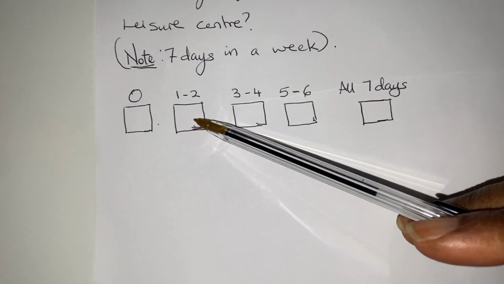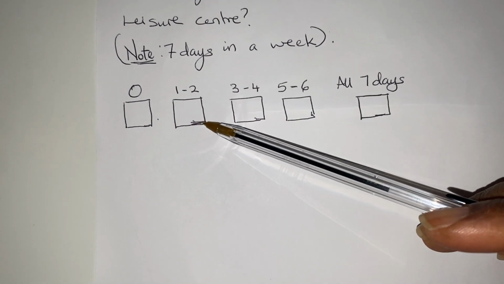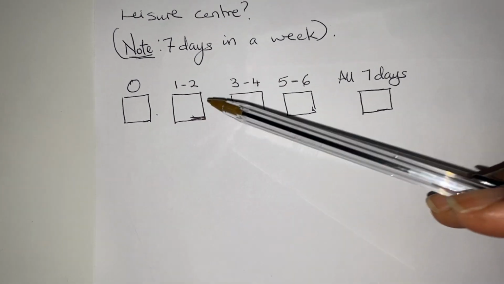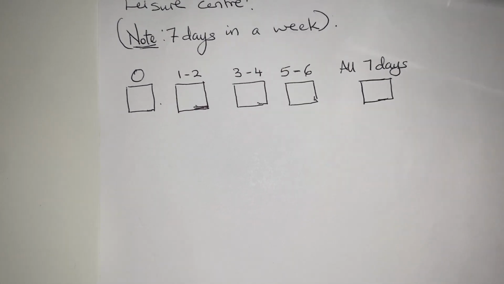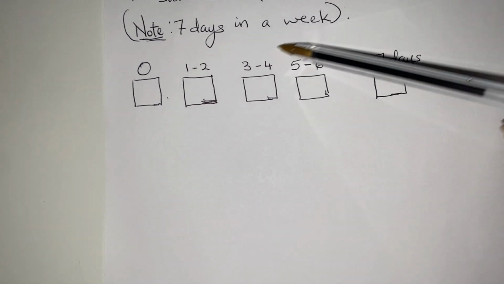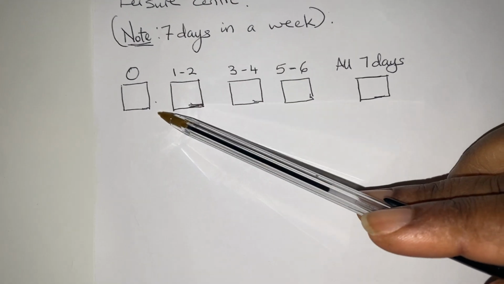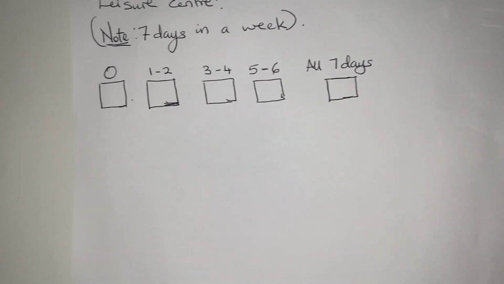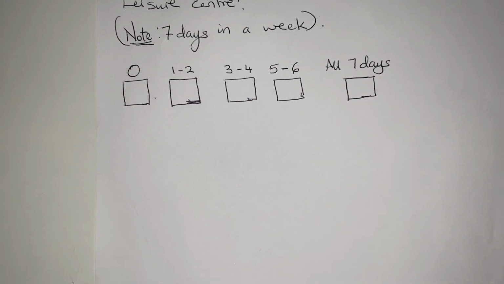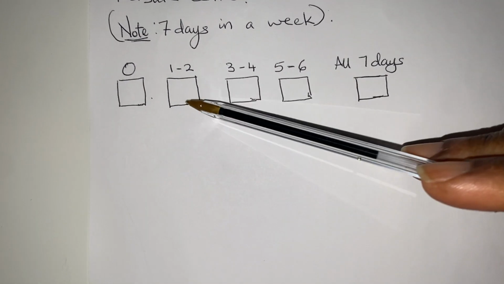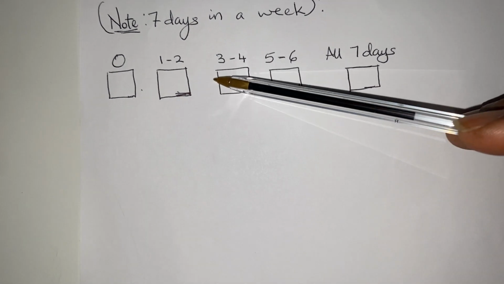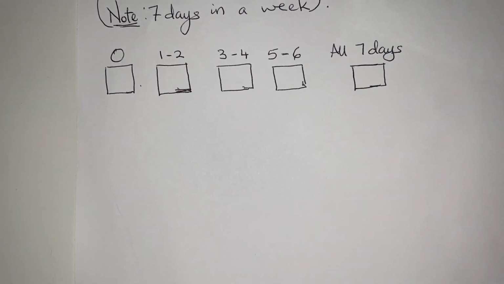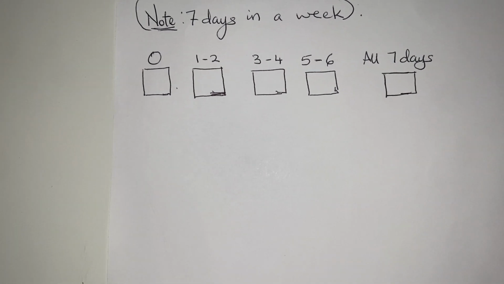Or you can say 1 to 2 days, but it shouldn't overlap to say 2 to 3, as we just saw. So you can say 0, that means you don't want to be part of their leisure center. Or 1 to 2 days, so that they can make room for you and charge you accordingly.